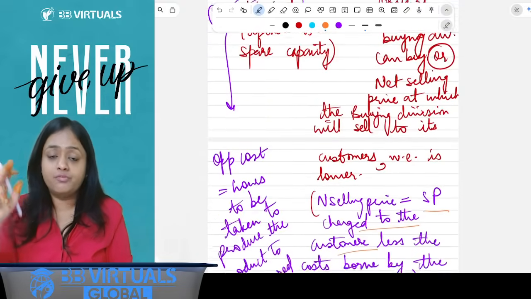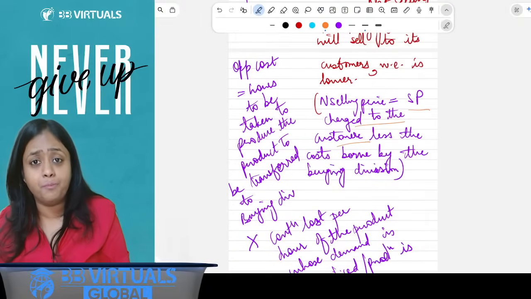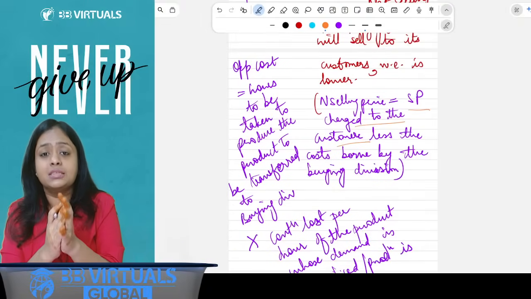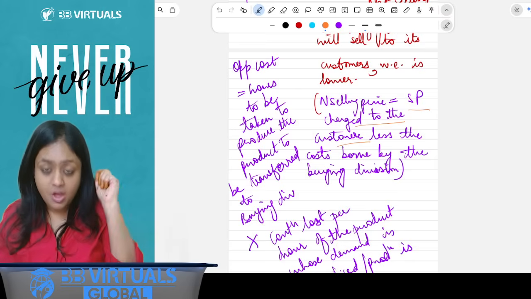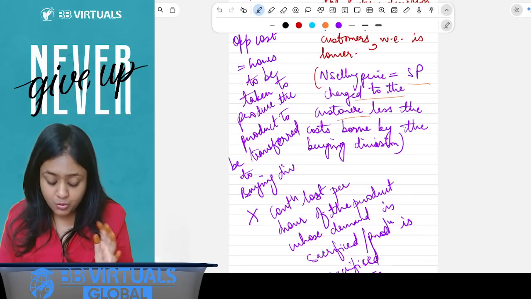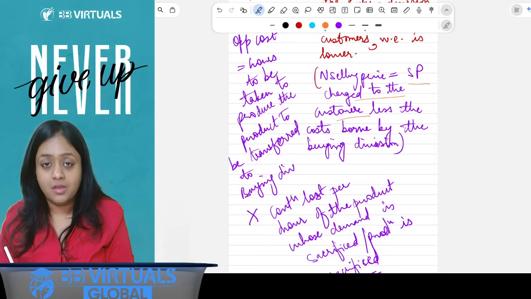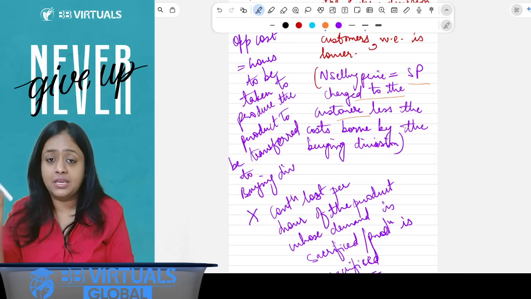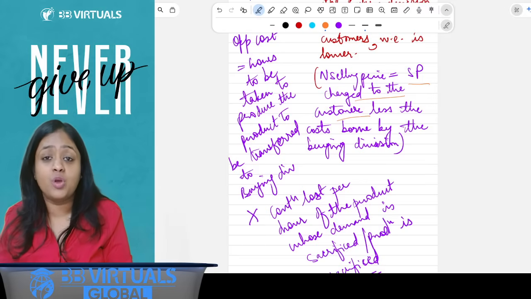Now here for opportunity cost, I would just add one point, very important from exam point of view, because many students suffer here. So please let me give you a tip. Opportunity cost that you will be taking will be equal to the hours taken to produce the product to be transferred to the buying division, multiplied by what?